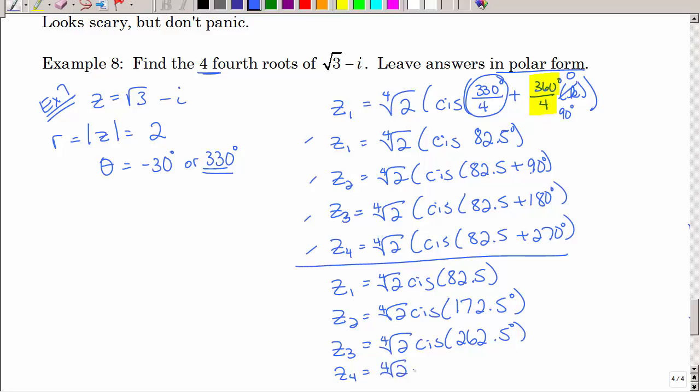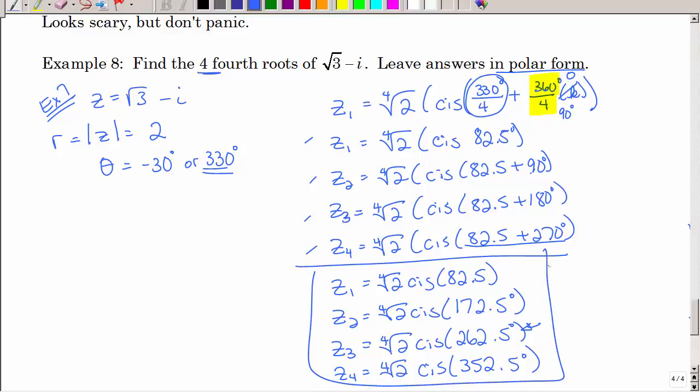And then our last one, add 90 again. I said add 90 again to this previous answer, or of course 82.5 plus 270 would be 352.5. Hopefully my addition is correct. So those are our 4 fourth roots of this complex number in polar form.